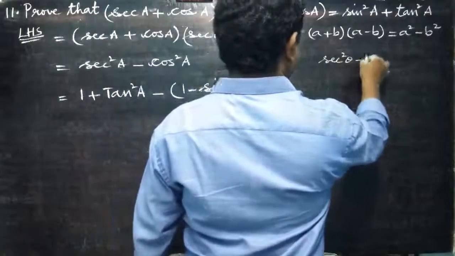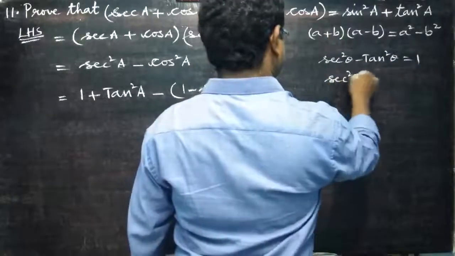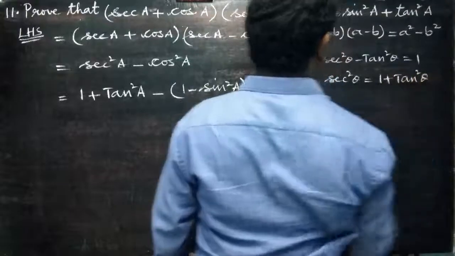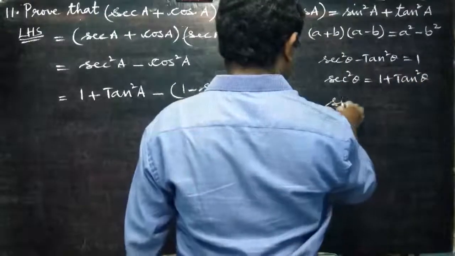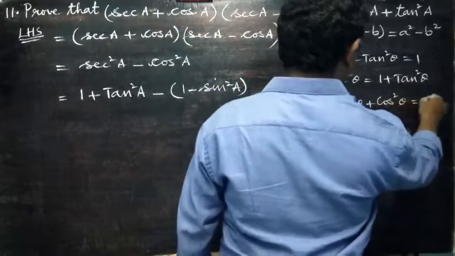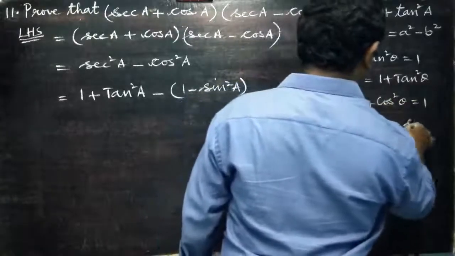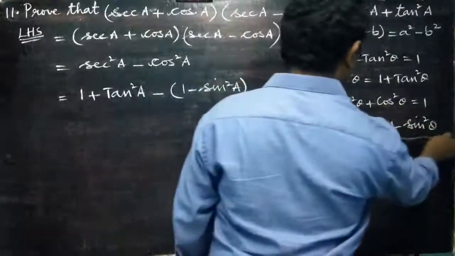Secant square theta minus tan square theta is equal to 1, so secant square theta is equal to 1 plus tan square theta. Next one is sin square theta plus cos square theta is equal to 1, so cos square theta is equal to 1 minus sin square theta.